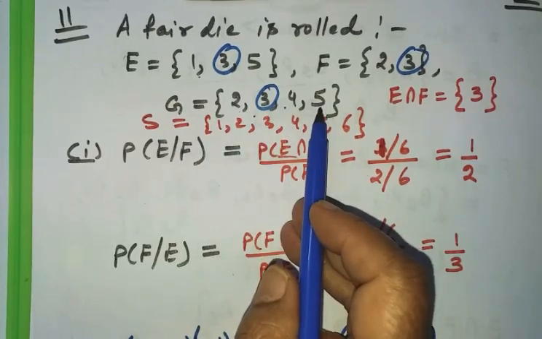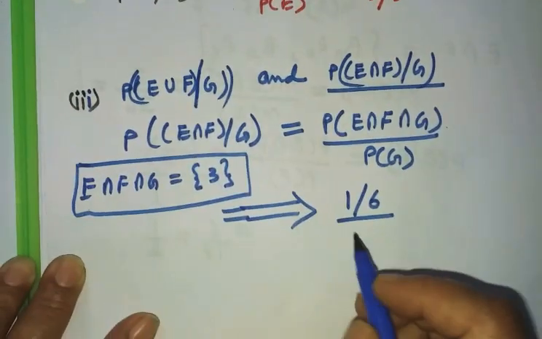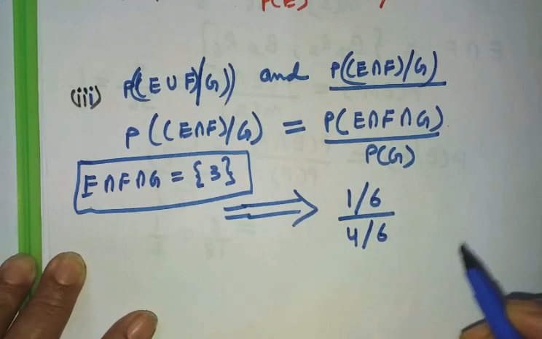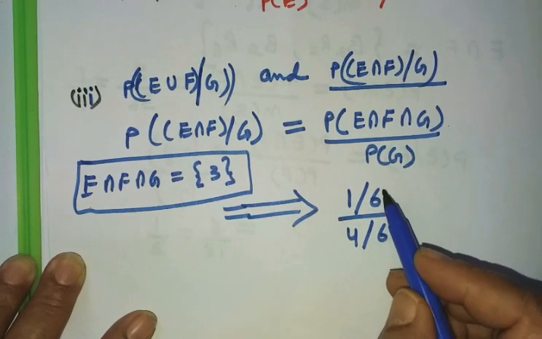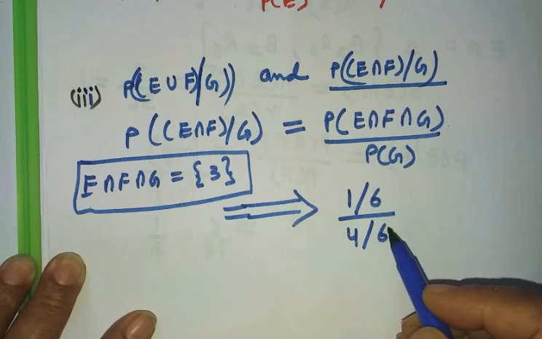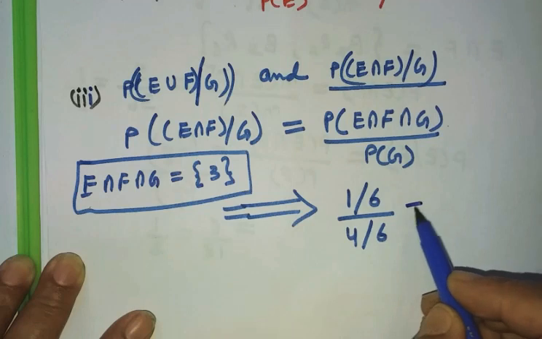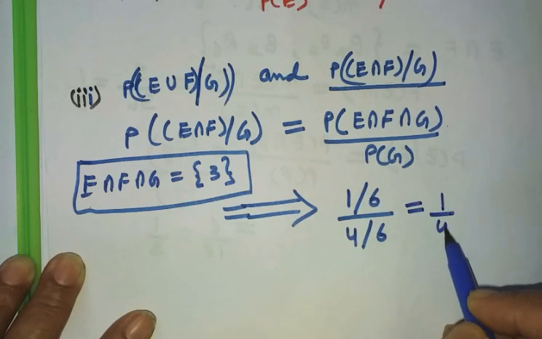It has got 4 elements. So G has 4 elements divided by total number of elements in the sample space. So this is the required probability of E intersection F slash G, which comes out to be 1 upon 4.